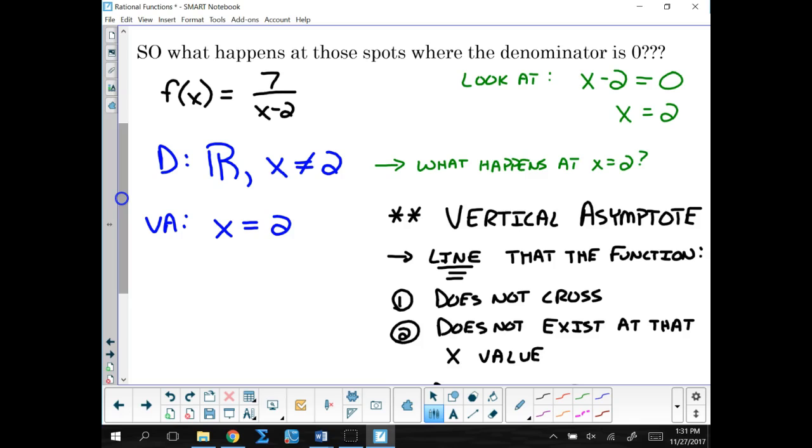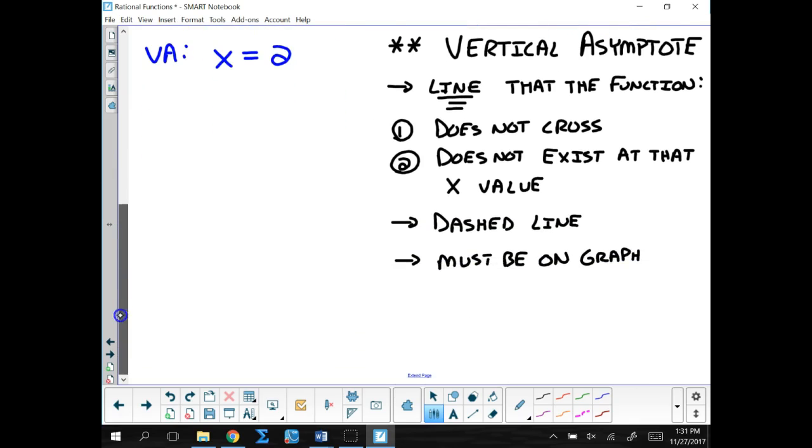Notice where it came from. What about the domain? It's what it can't equal in the domain. Okay? Vertical asymptotes come from the domain's restrictions.